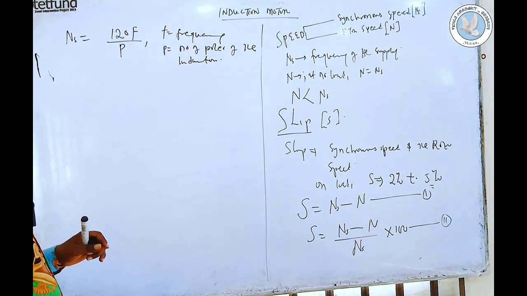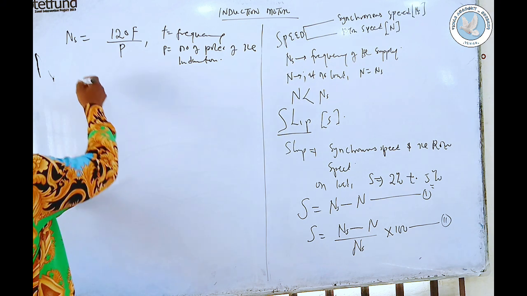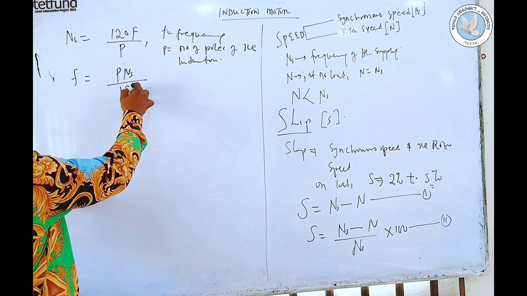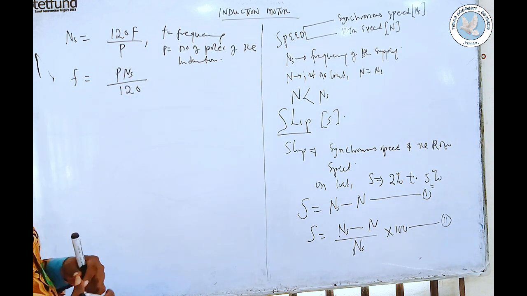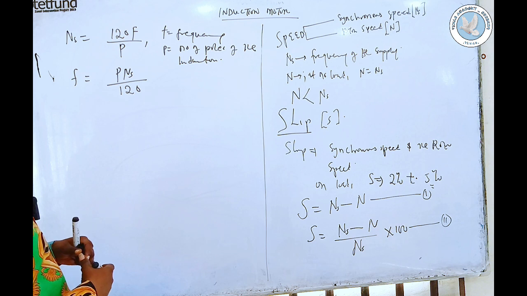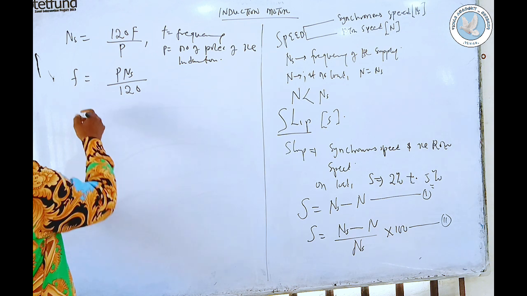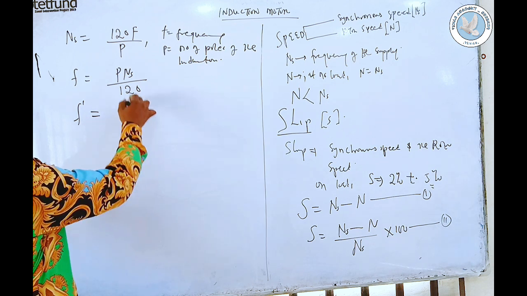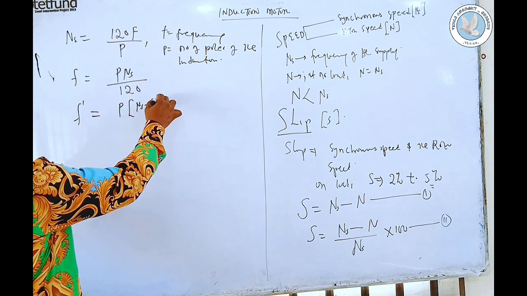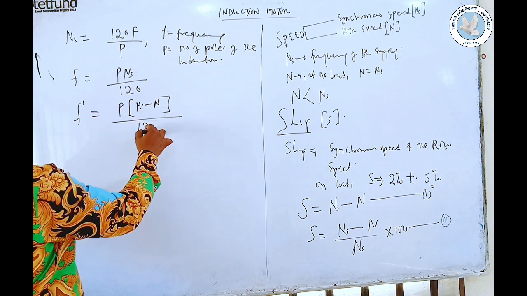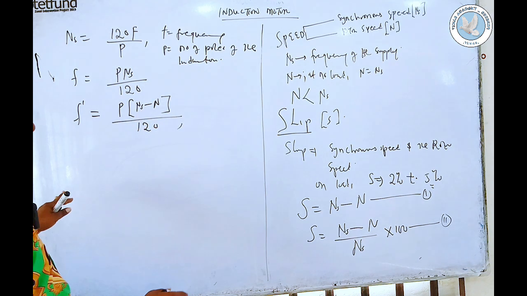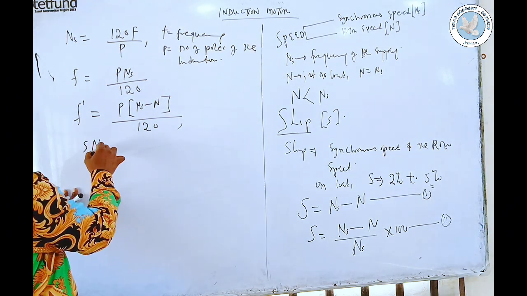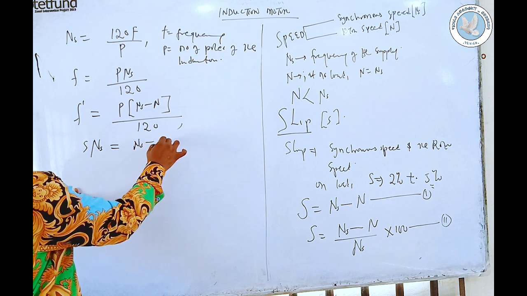So we can also have that the frequency is P divided by 120 times the speed. So for the rotor frequency, we can replace this with this, taken from equation 2 where Ns is equal to this.